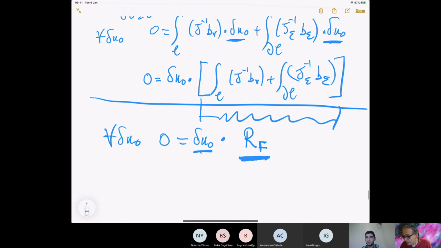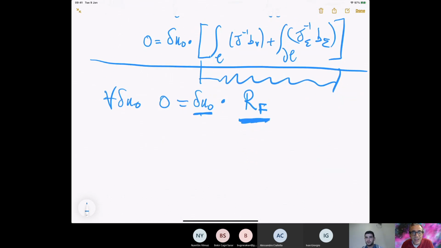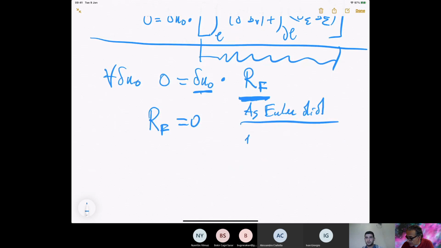The only vector which is orthogonal to every other vector is the null vector. So we have proven, as Euler did, the so-called first cardinal equation of dynamics. In equilibrium, the resultant of all applied forces is 0.